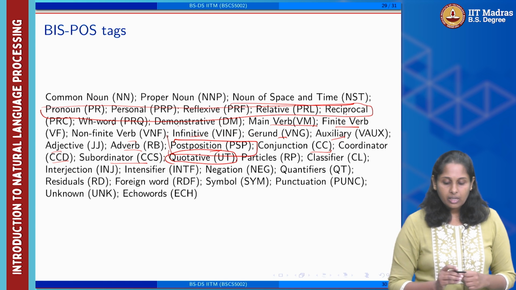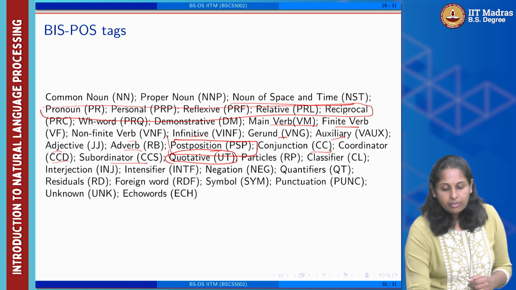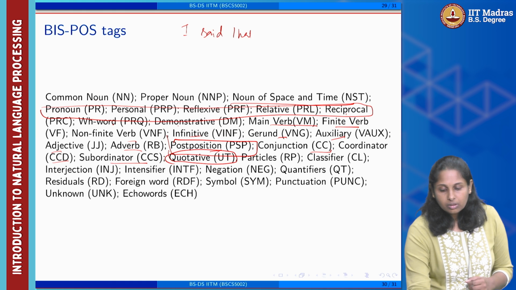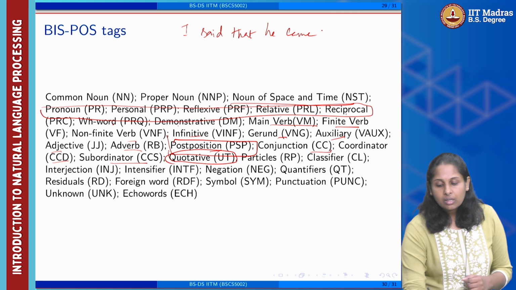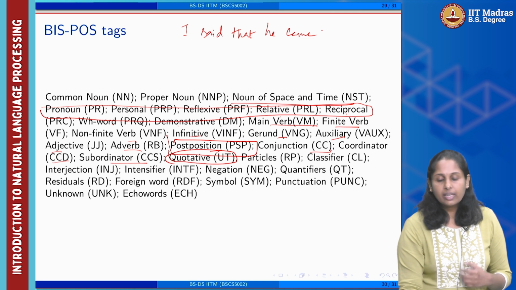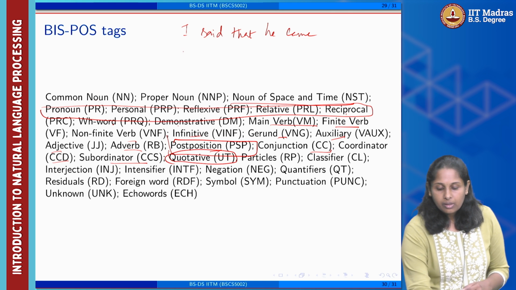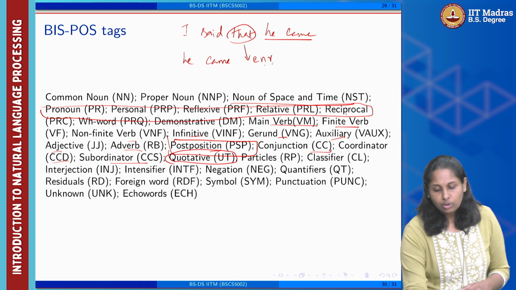For example, in Tamil, if you say I said that he came, right? So what happens in languages like Tamil, we say he will come first, then that is equivalent to endru.